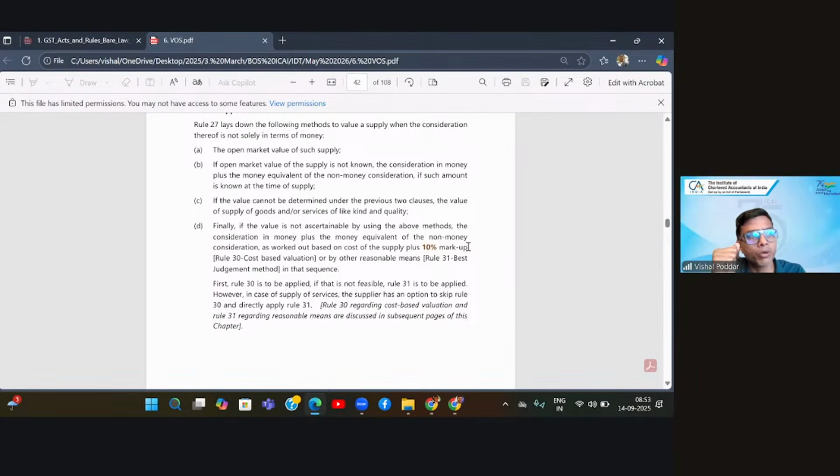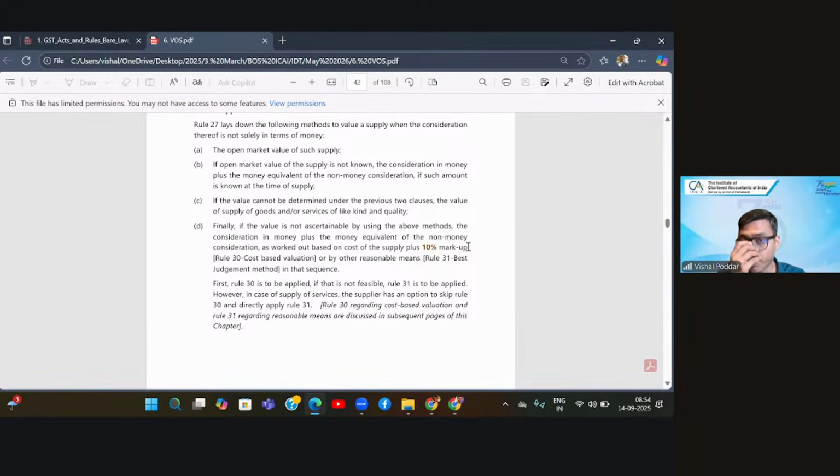Because costing will only cover the physical cost. But in professions, a major component of value is your intrinsic value, your knowledge, your experience, your professional acumen, for which costing is impossible. And that is where even Rule 30 will fail for me. And that is where I would now like to explain what exactly Rule 31 is.